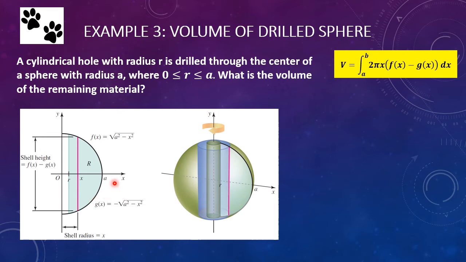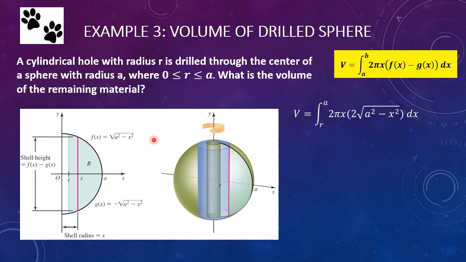So we can see now that we can use this in our general formula, f of x minus g of x. Well, if we have the square root of a squared minus x squared minus the negative of that same value, then what we're going to get is 2 of those as far as the value of f of x minus g of x.